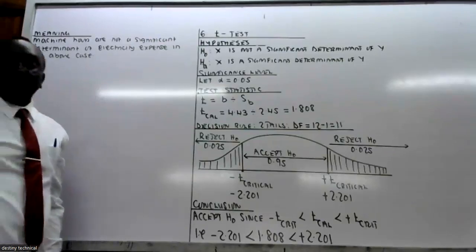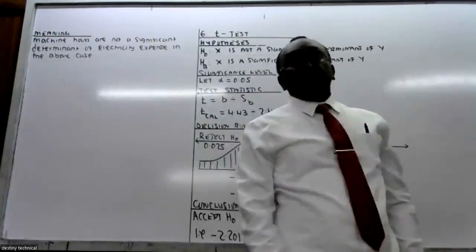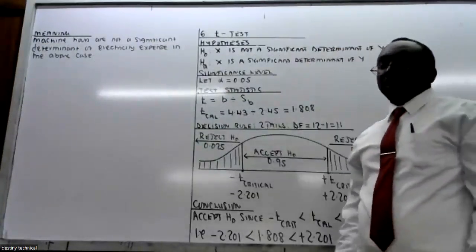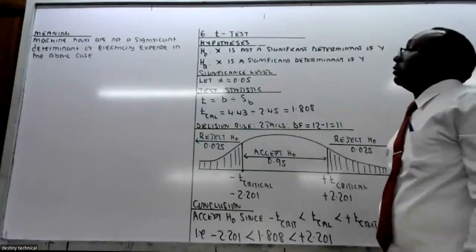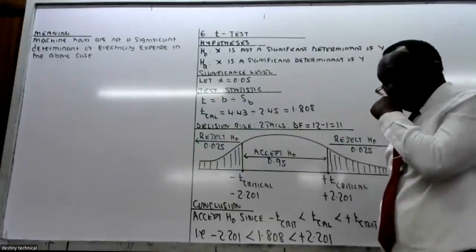So you cannot rely on them. That is what you mean. If you rely on them to predict, you will always be getting it wrong. So are we okay? Yes.